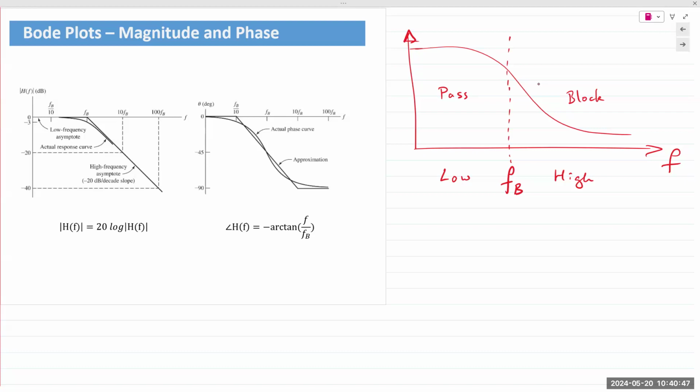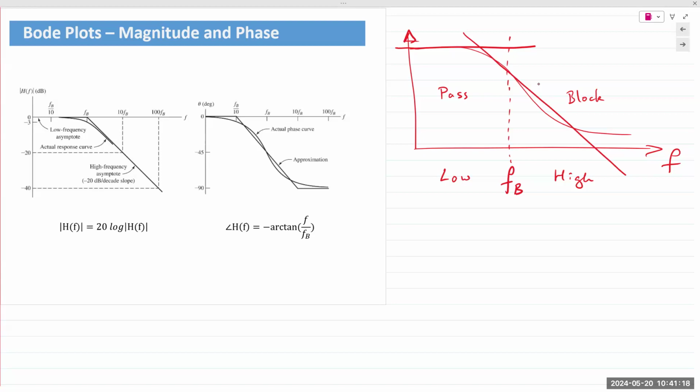Simply put, I could take a straight line and approximate the low frequency portion like this. Okay. Then I could take another straight line and approximate the high frequency portion with a straight line that has a decreasing value, right?